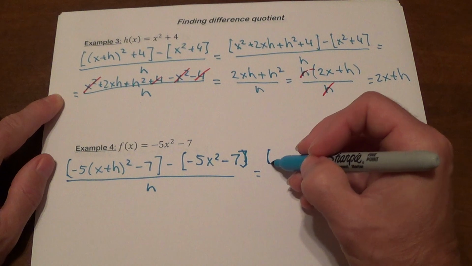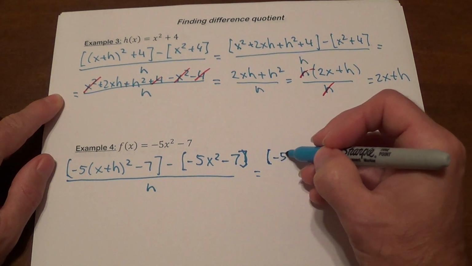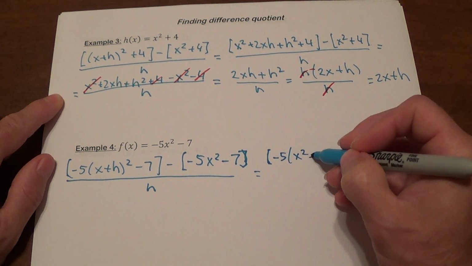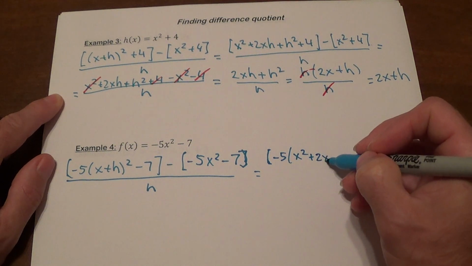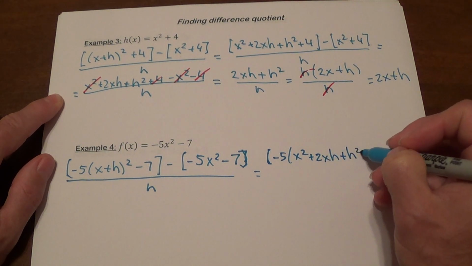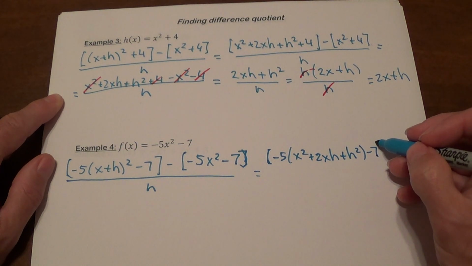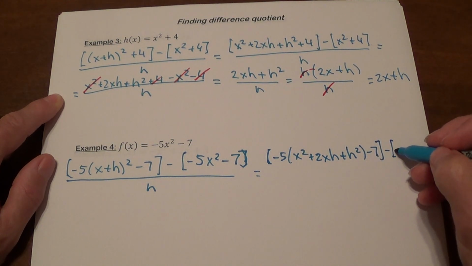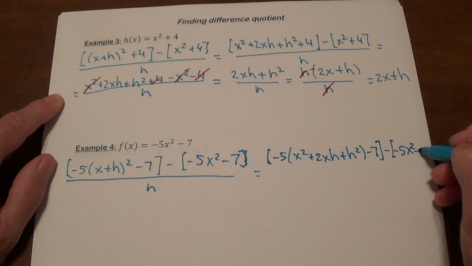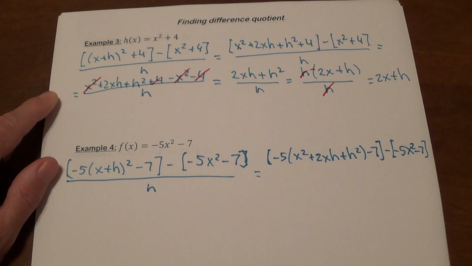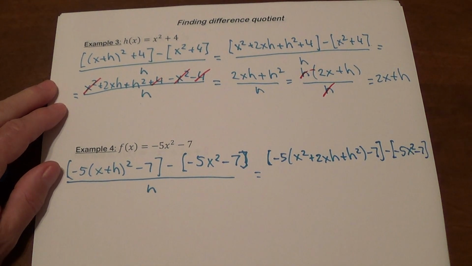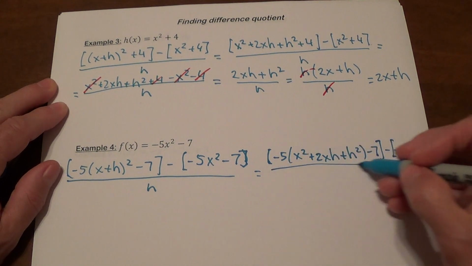Here we're going to get negative 5 times (x squared plus 2xh plus h squared) minus 7 minus negative 5x squared minus 7. Oh, I forgot over h.